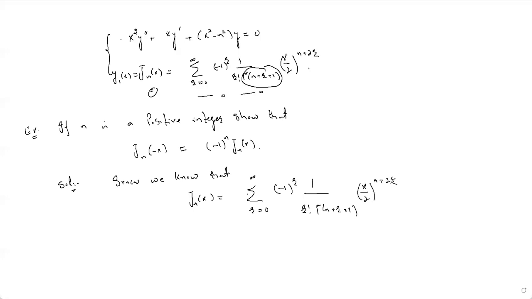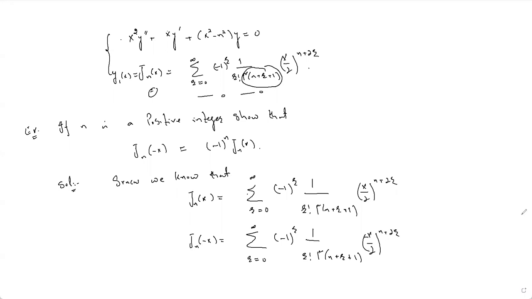This is what we obtained in the last class. Now I will simply replace x by minus x. So Jn of minus x will be the summation, r running from 0 to infinity, of minus 1 raised to power r, 1 by r factorial gamma of n plus r plus 1, times (minus x by 2) raised to power n plus twice r.